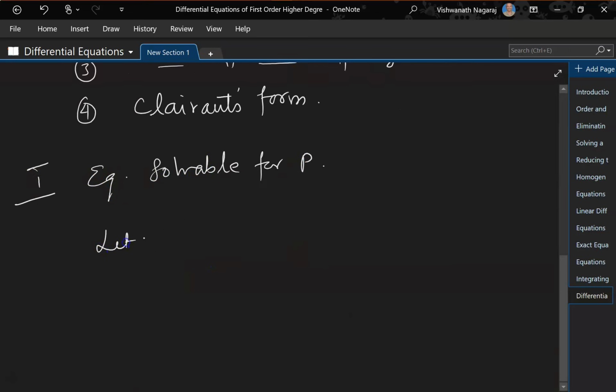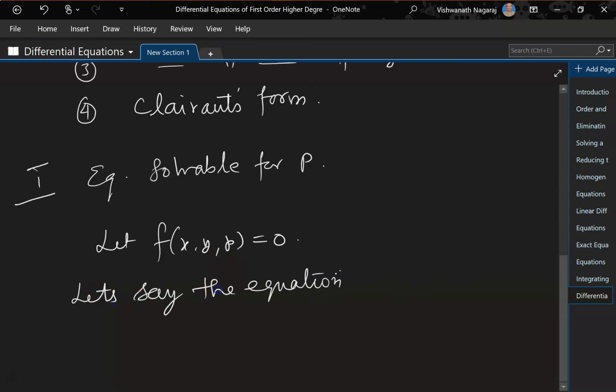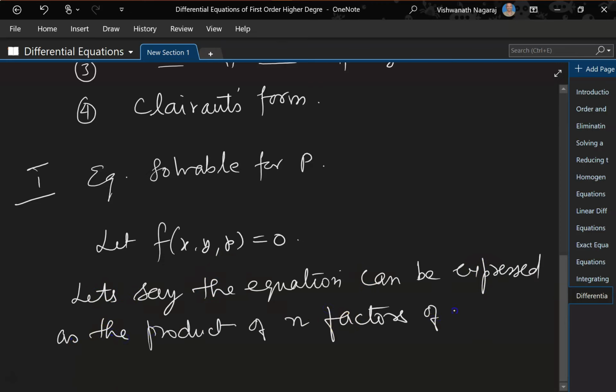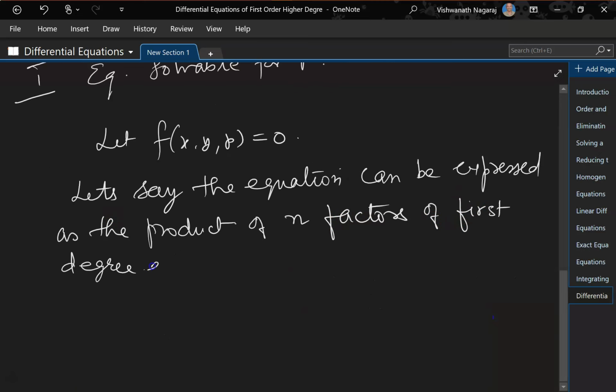So let f of x comma y comma p equal to 0 be the equation which we have to solve. Let's say that this equation can be expressed as the product of n factors of first degree equations.